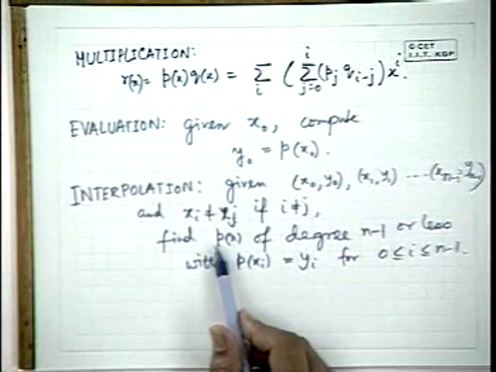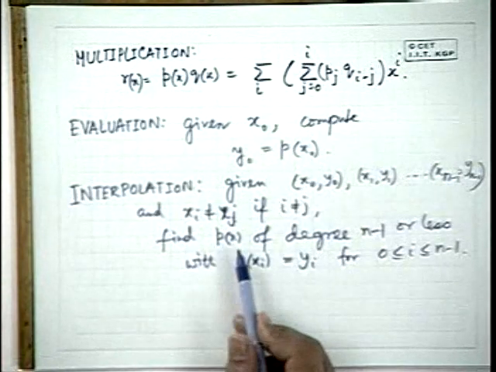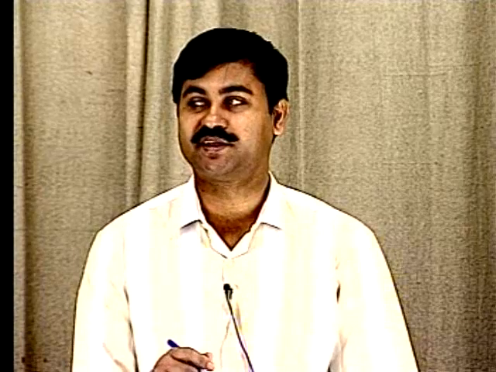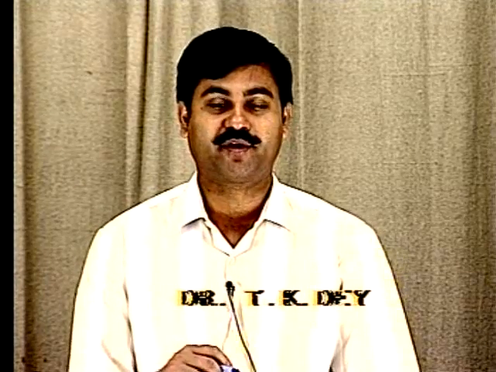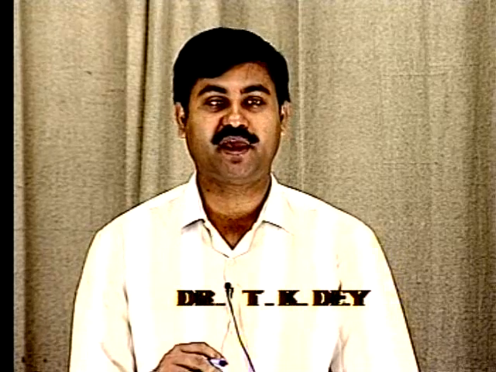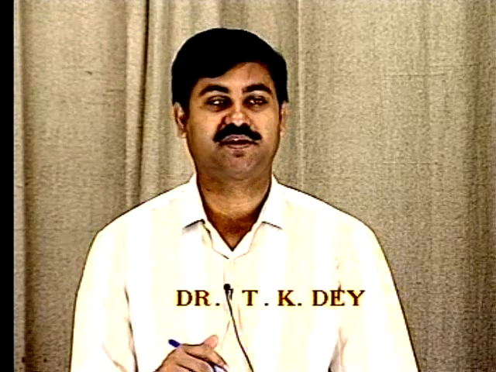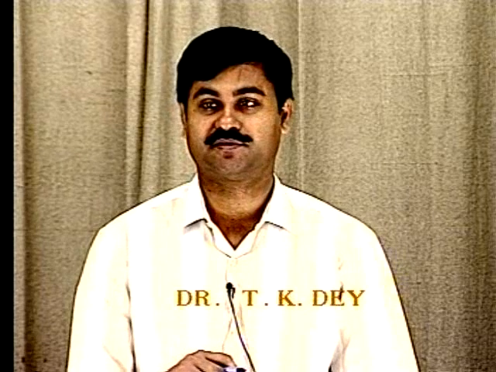The condition is that the two points where you are evaluating should not be the same, xi not equal to xj if i not equal to j, because otherwise it does not give you any extra information. To get a polynomial of degree n minus 1, you need at least n distinct values, otherwise you cannot even interpolate that polynomial. So these are the operations. We will see how one can support these operations efficiently.